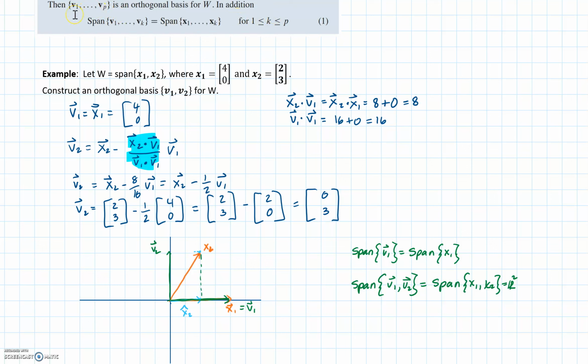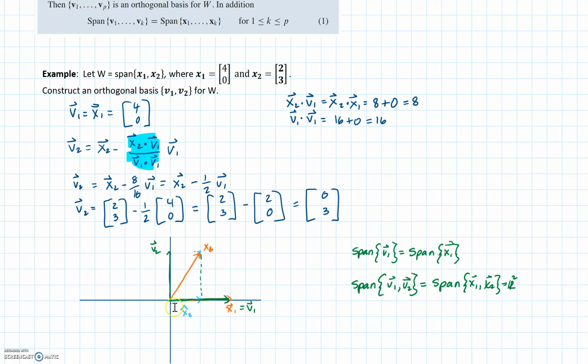So it's equal along the way. In other words, the span of v1 is equal to the span of x1. Well, that's true because they're the same. And then the span of v1, v2 is equal to the span of x1, x2.